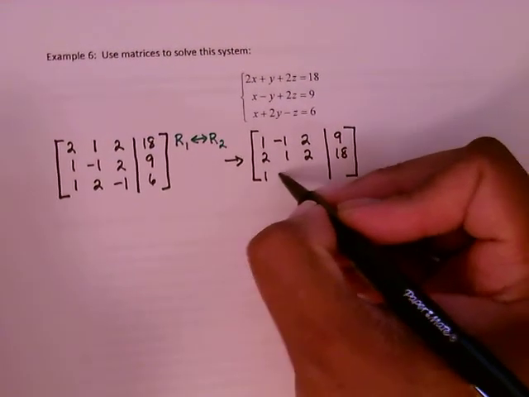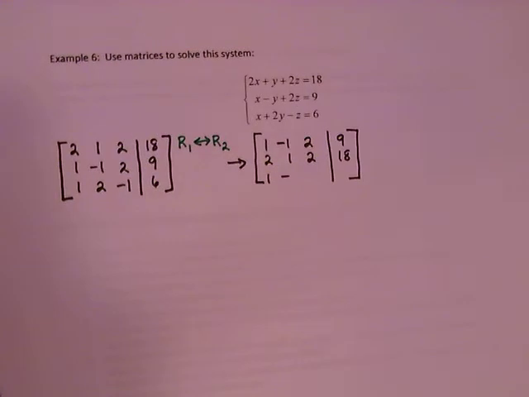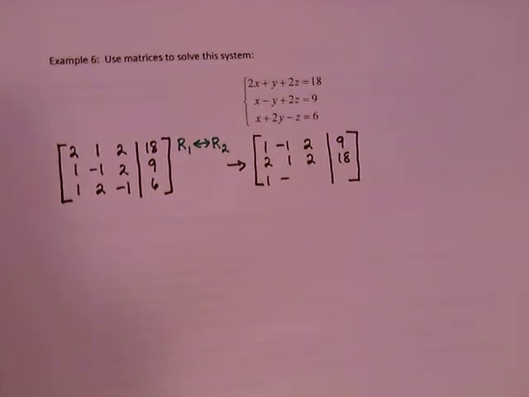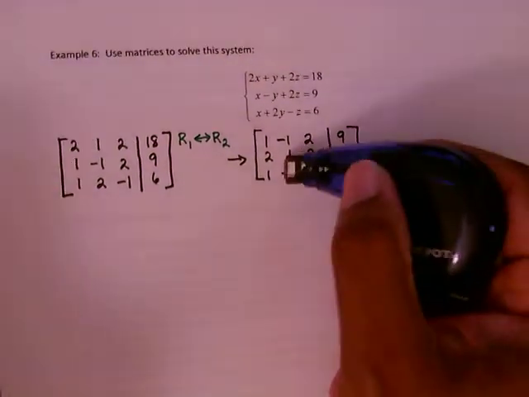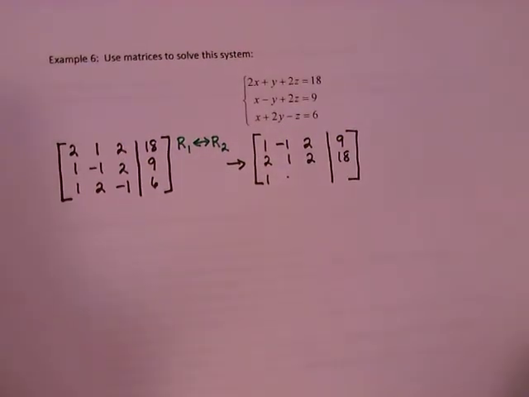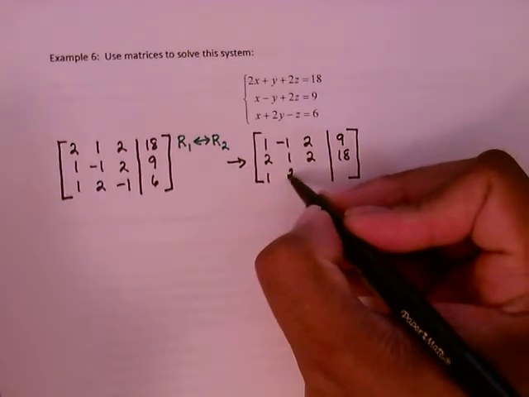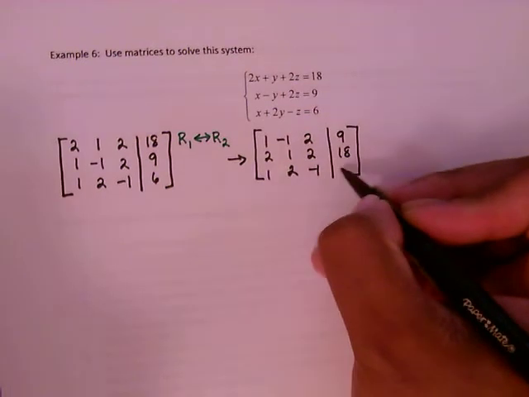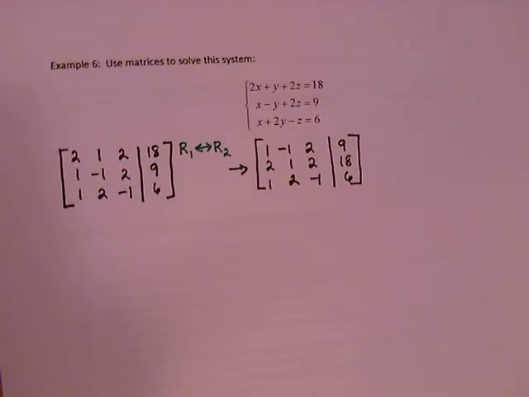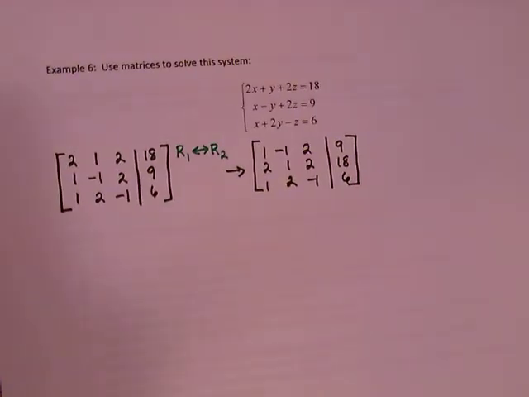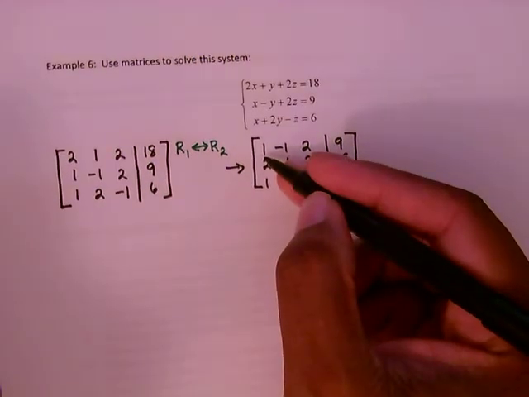The third row remains the same. 1, 2, negative 1, 6. So there you have it. So I have 1 up here.